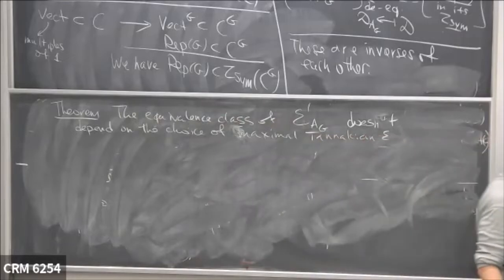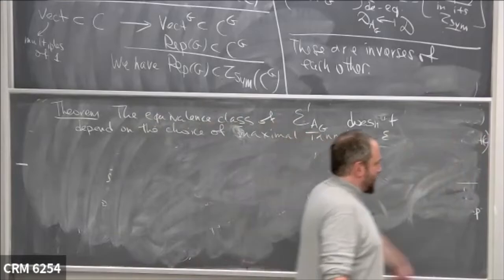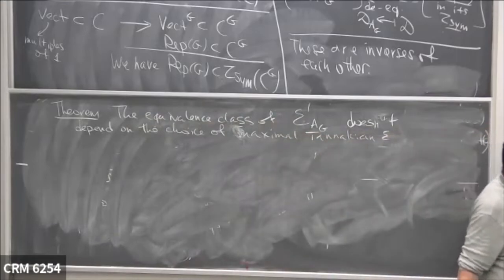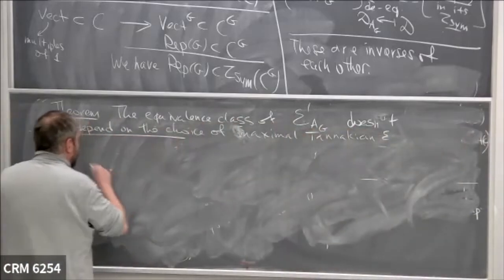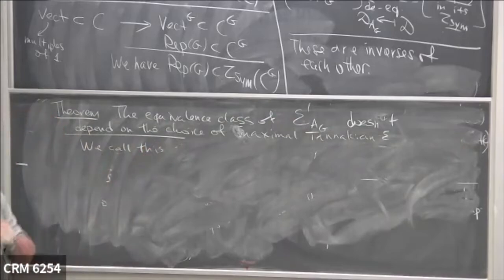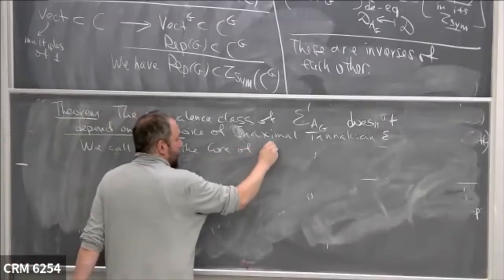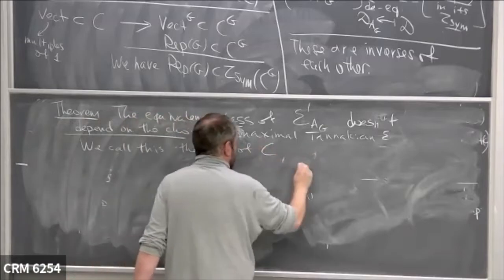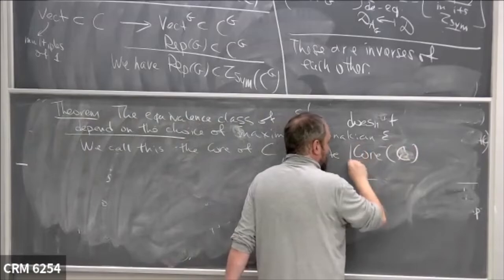There is a linear algebra analog of this, which you can find in textbooks on linear algebra. It's the same here: if E is maximal isotropic, then this thing does not depend on any choices. So it is an invariant. Technically, it's not just one category, but rather a class. So we pick a representative of this class. We call this the core of C and denote it like this.